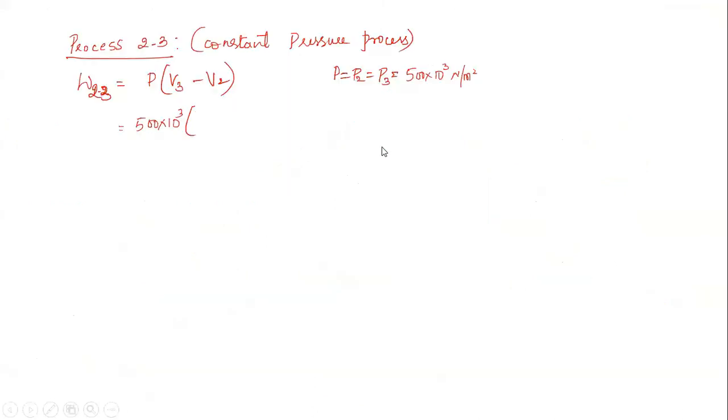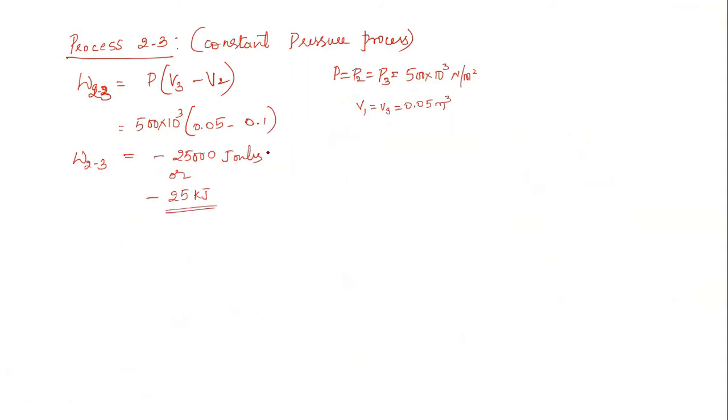Now I'll substitute this 0.05 and the V2 you calculated, that is 0.1. After substituting, W2 to 3 you get minus 25,000 joules, or else you can write minus 25 kilojoules.